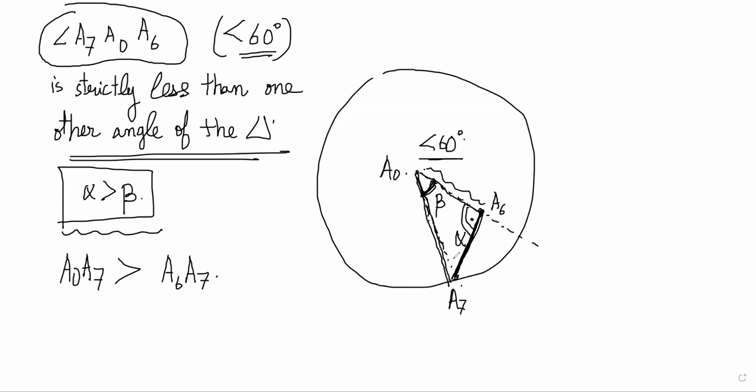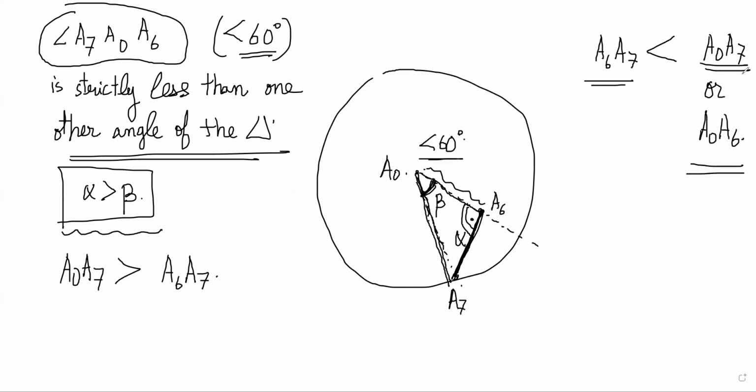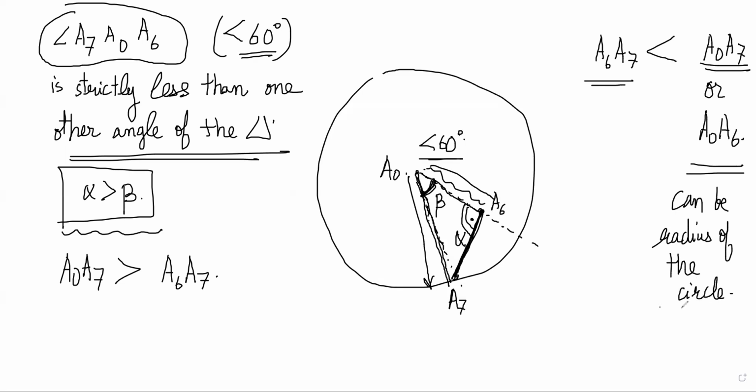So what I know is that A6, A7, the side opposite to our angle, is less than either A0, A7 or A0, A6. And what is the maximum length of this? The maximum length of A0, A7 or A0, A6 can be the radius of the circle, right? Because A0 was the center.